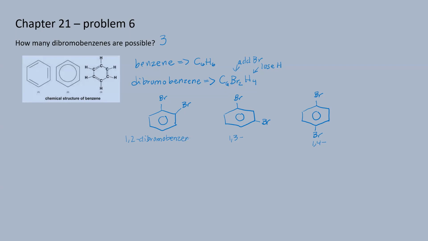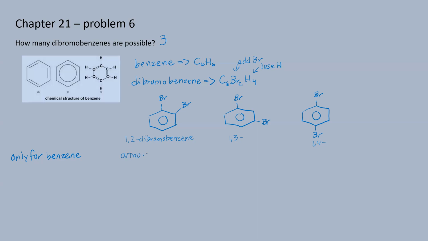Now, what's interesting is they've also come up with a different term to imply these numerical values. So 1,2, and this is only for benzene, FYI. Instead of 1,2, they call that ortho.